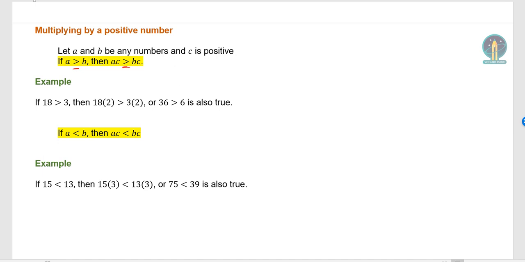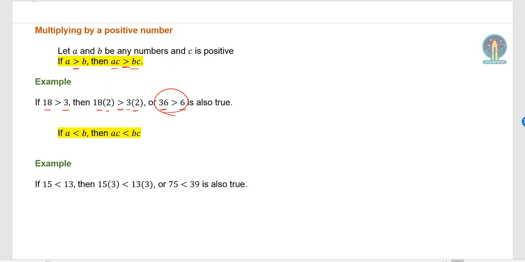So here, let A and B be any numbers, and C is a positive number. So if A is greater than B, then A times C is still greater than B times C. Okay, here's an example. If 18 is greater than 3, then 18 times 2 is still greater than 3 times 2, right? So 36 is greater than 6, and that's also true.